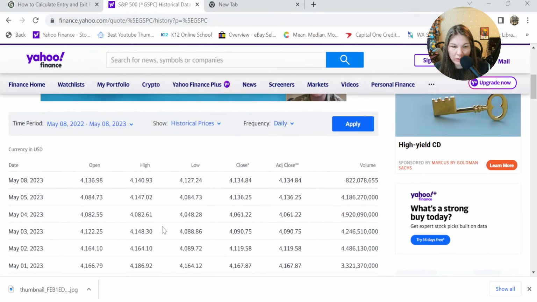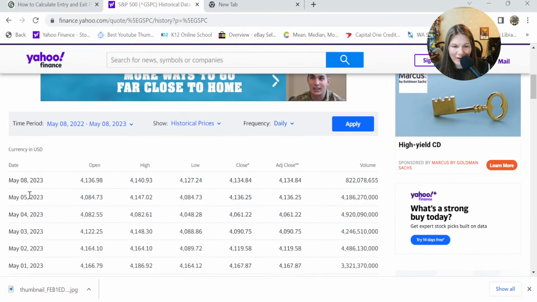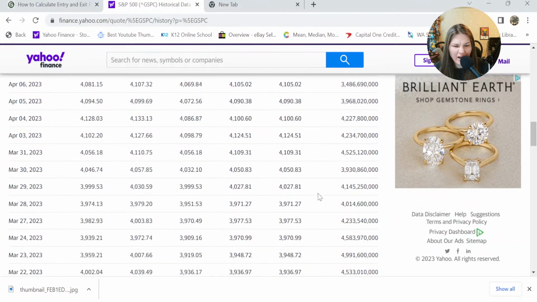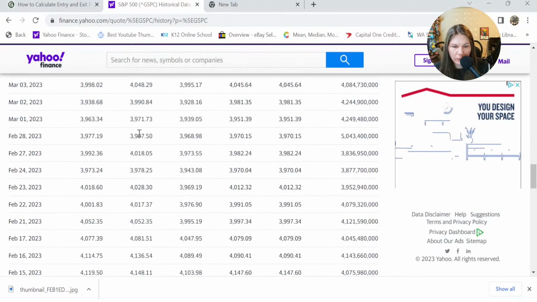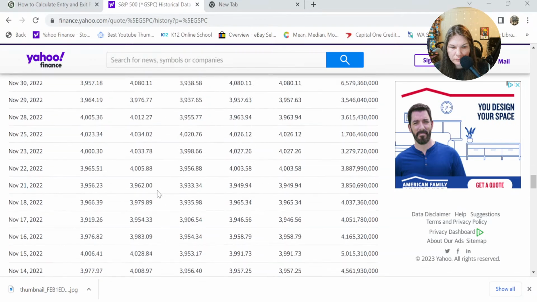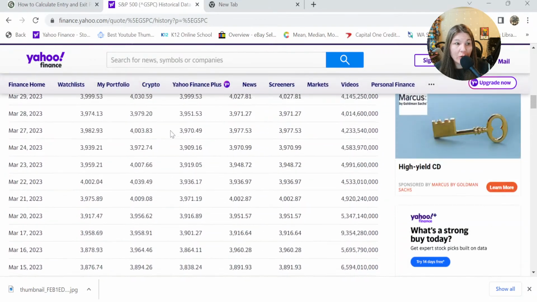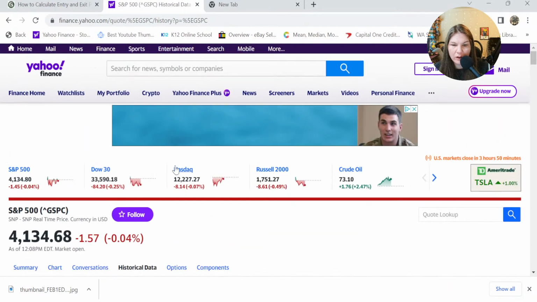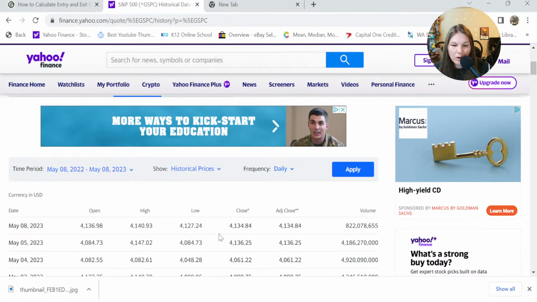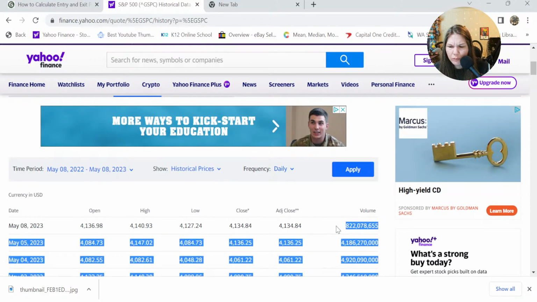What's the historical data? I never even checked it out. It tells you they're open, they're high. Oh, guys, that's so useful. You literally learn something new every single day that you try to learn the stock market, guys. Historical data shows you every single day's open, high, low, close, and the volume.